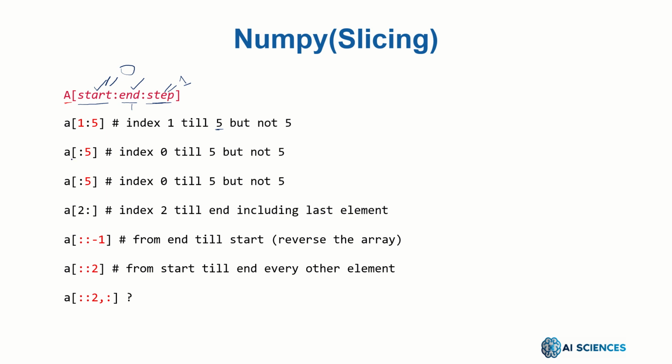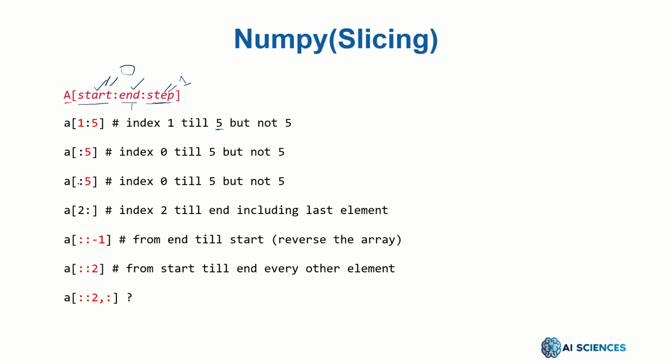Now on the other hand, if you have A where the start is missing, that is by default considered as 0, and if the step is missing, that is by default considered as 1, and you go to 5. So go from the very start index, which is 0, and go till 5, do not include 5, and take a jump of 1.